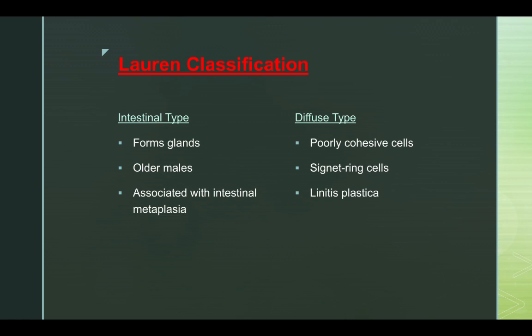Intestinal type is associated with intestinal metaplasia, whereas diffuse type is not associated. Diffuse type has poorly cohesive cells, signet ring cells, and linitis plastica.